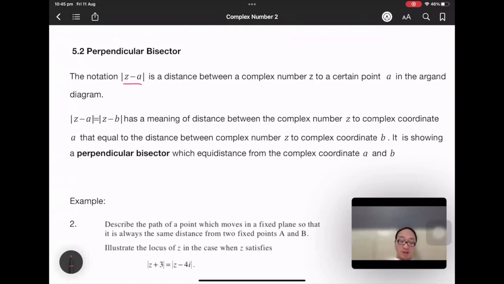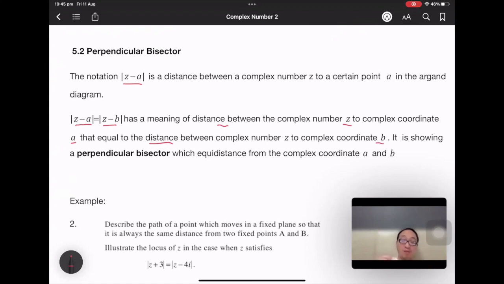So if we have modulus of Z minus A equal to modulus of Z minus B, this means the distance from the complex number Z to A is equal to the distance to the complex number B.